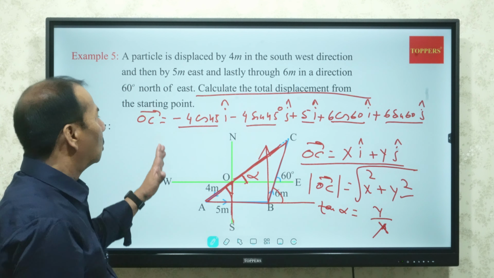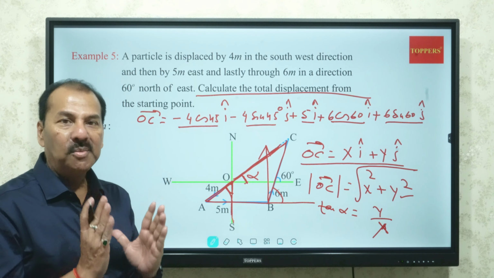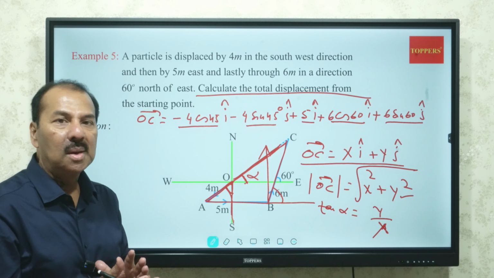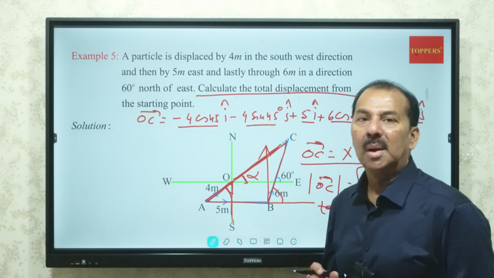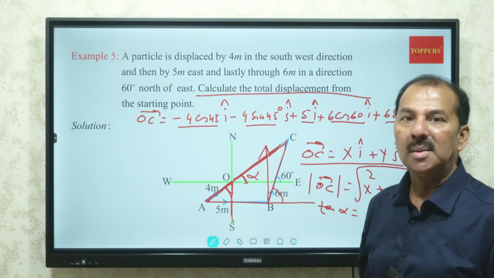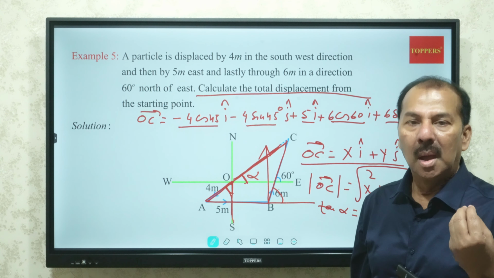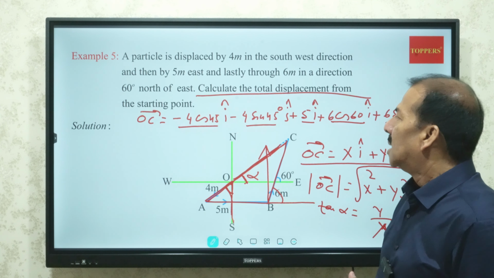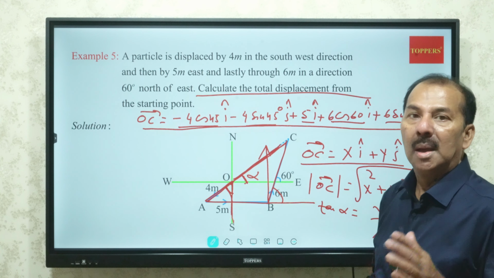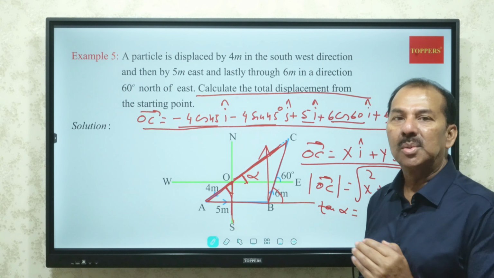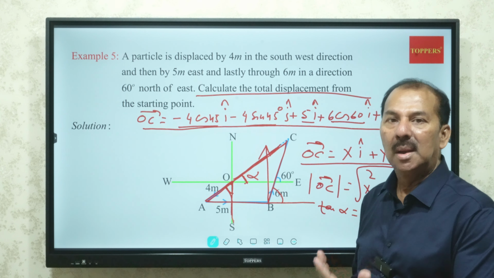Whatever calculation or discussions we have done, if you try to summarize, the only thing is: if you have to calculate the resultant of a vector, whether it is force, displacement, momentum, anything, just consider the position vector of that, starting from the initial point to the final point, or starting from the first force to the last force.